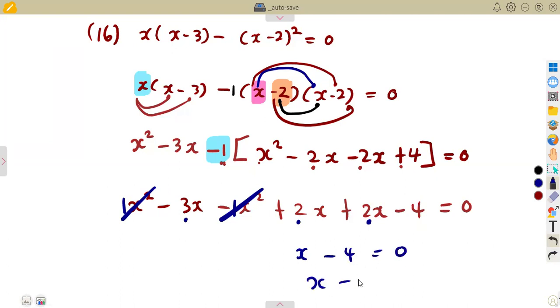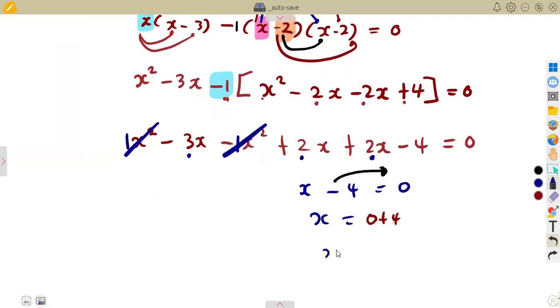So x is going to be what? Transpose the -4 to the other side of the equation. It becomes a positive. So that's 0 plus 4. At the end, our x is 0 plus 4, which is 4. So that's the value of x. So x is equal to 4.